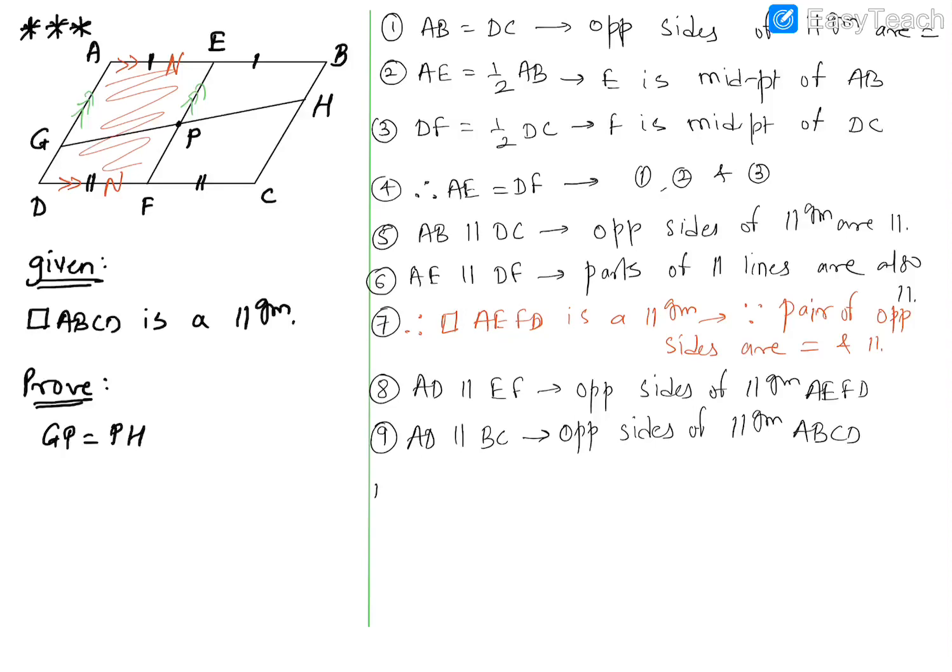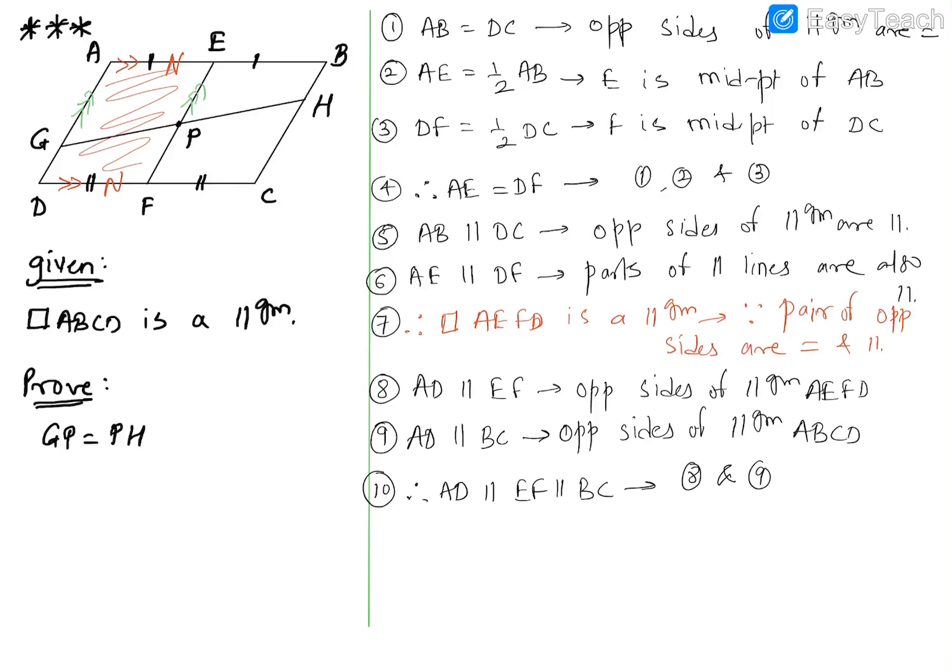Then number 10. Now you see, compare 8 and 9. AD is parallel to EF and AD is parallel to BC. So what can we say then? Therefore, AD is parallel to EF and it is parallel to BC. Reason will be from 8 and 9.